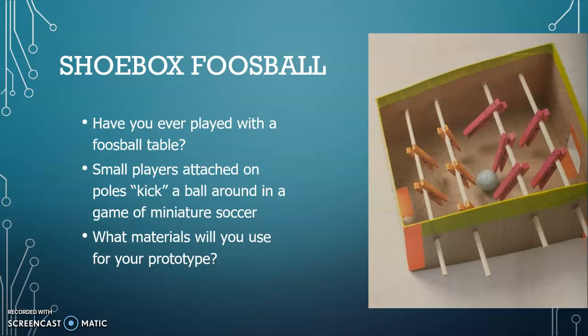You will be creating a small miniature version of foosball with things that you can find around your own home. So what materials do you think that you'll use for your prototype?